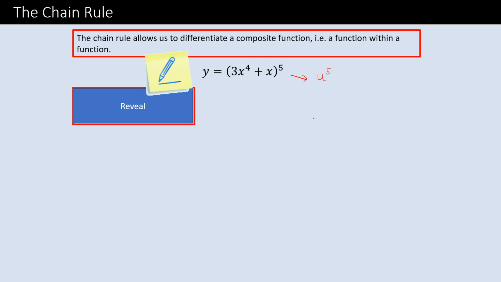That would make it a lot easier because we know how to differentiate that. Only instead of finding dy by dx, I would be finding dy by du. So for this, I'd be rewriting it as u to the power of 5.